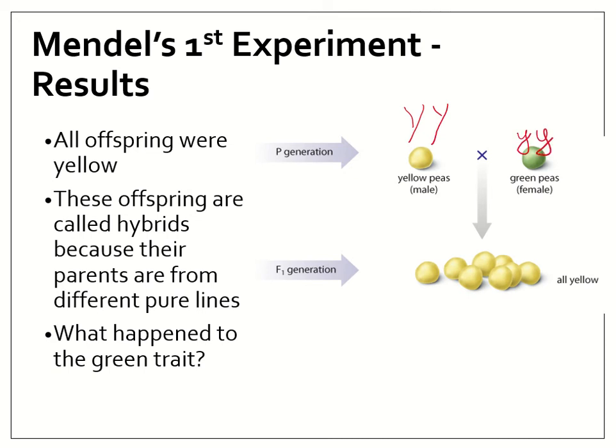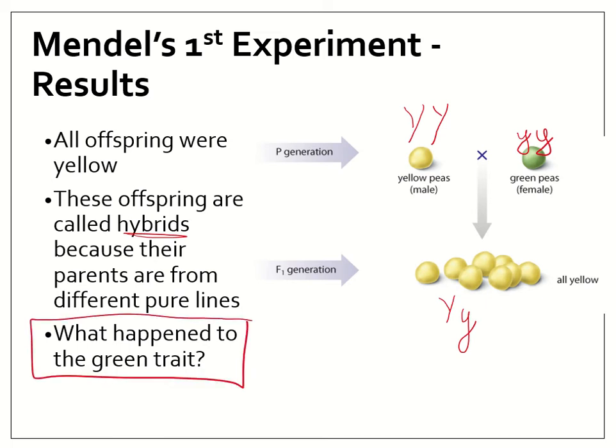So I kind of do printing and then a cursive y to help figure out the difference. So make sure you realize that's what it means by pure, that they are going to be homozygous. The offspring were all hybrid. So that means that they are all heterozygous for the traits.